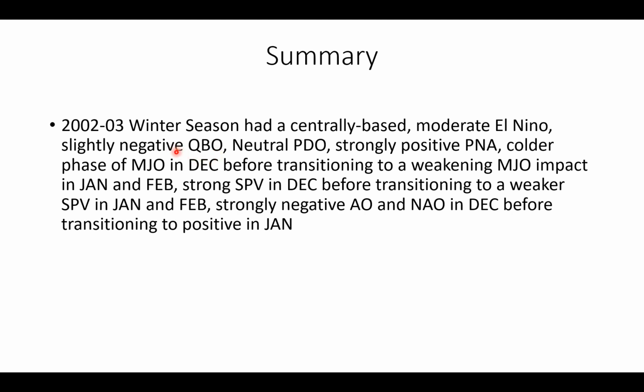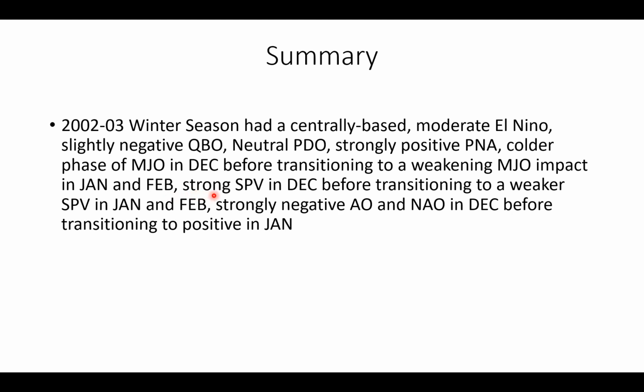So the 02-03 winter season, again, in summary: centrally based, moderate El Nino, slightly negative QBO, neutral PDO, strongly positive PNA, colder phase of the MJO in the early part of winter in December before transitioning to a weakening MJO impact in January and February.